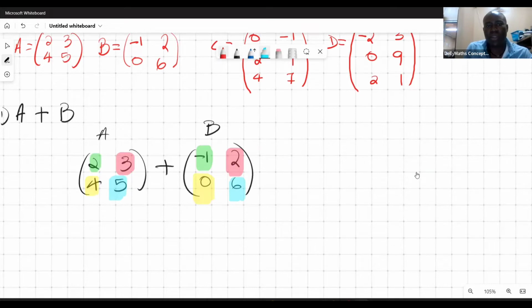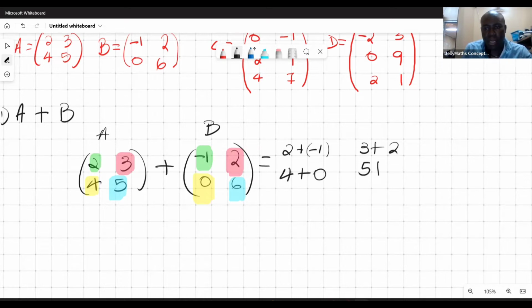So as you could see, based on the color coding that I have, we're going to be adding the elements that are occupying the same position. For example, 2 will be added to -1, and then 3 will be added to 2, 4 will be added to 0, and 5 will be added to 6.